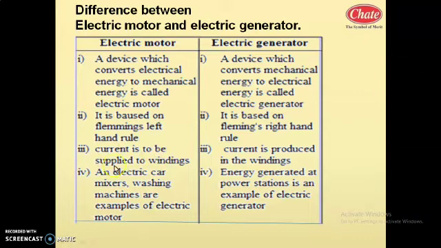In an electric motor, current is to be supplied to the windings; here the input is current.